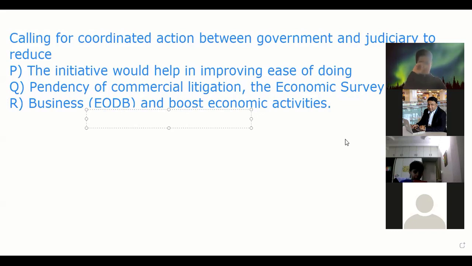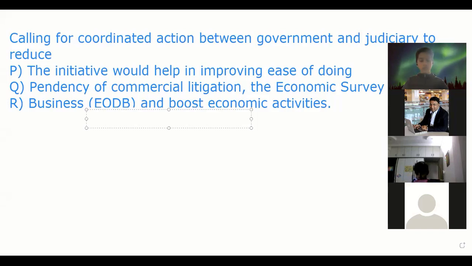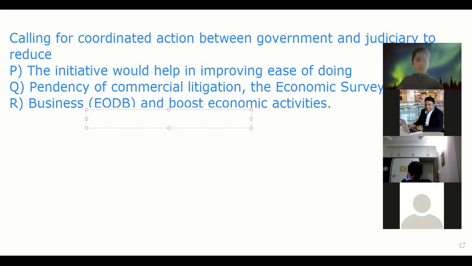Here, the first one is calling for coordinated action between government and the judiciary to reduce... the initiatives will not be reduced. Business and boost economic activities will also not come.